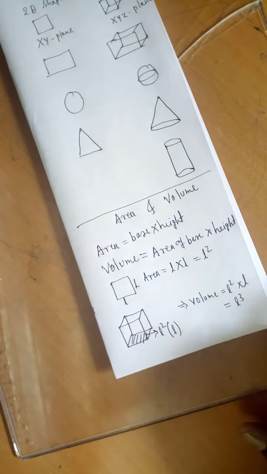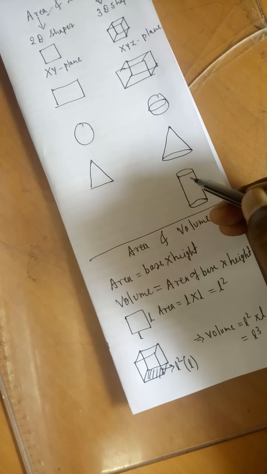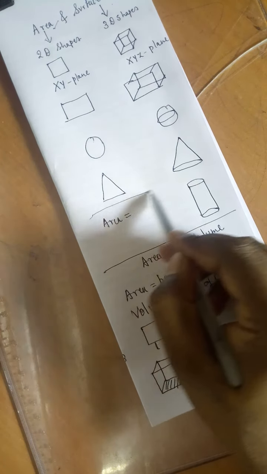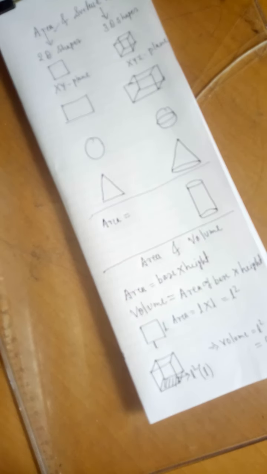If I talk about this cylinder, in this case, if I talk about area, I'm only talking about curved surface area, not the total surface area. As I said, area is base into height.